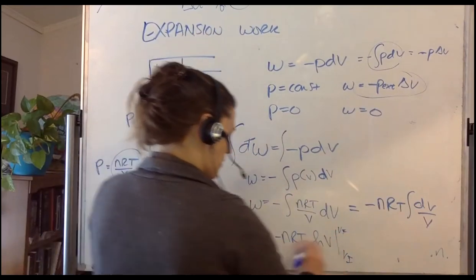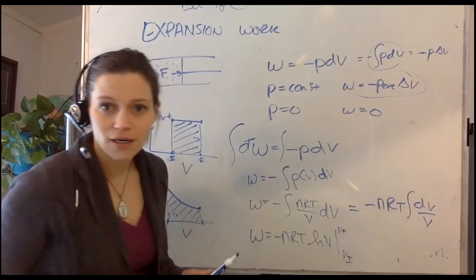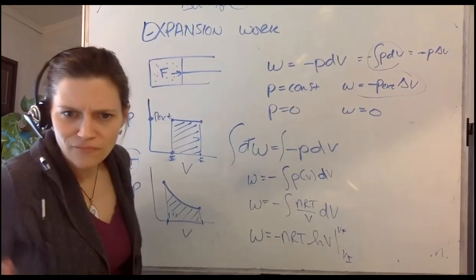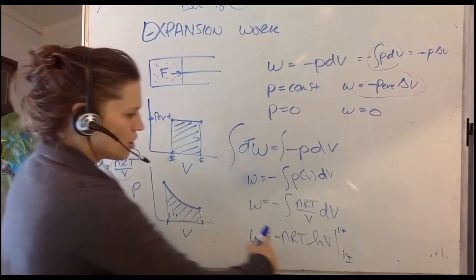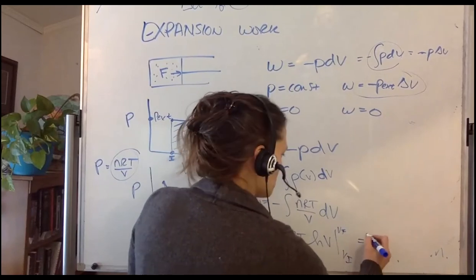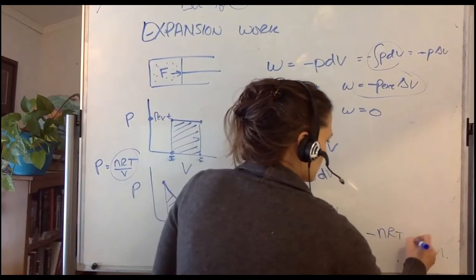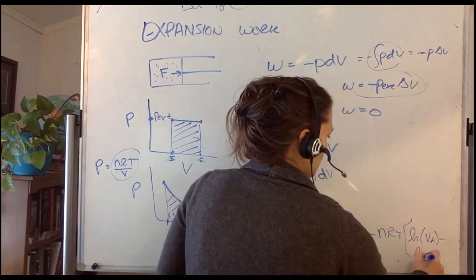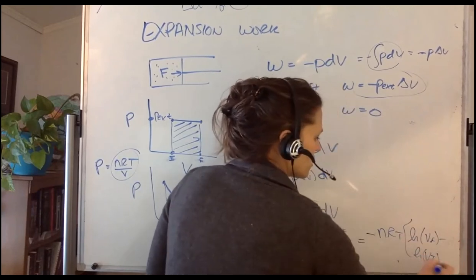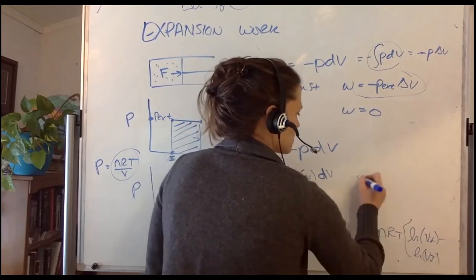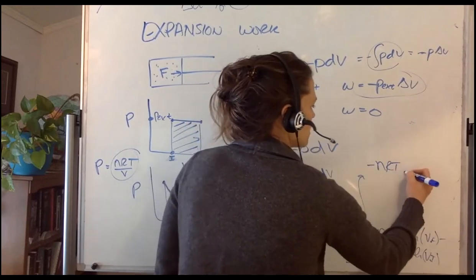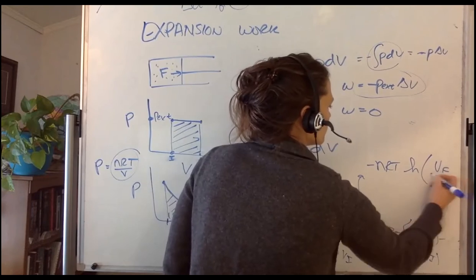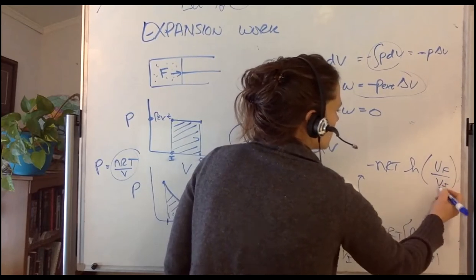Okay, so this means that we've got, I need all of this to explain. So this then becomes minus nRT log VF minus log of VI, which then becomes minus nRT log VF divided by VI.